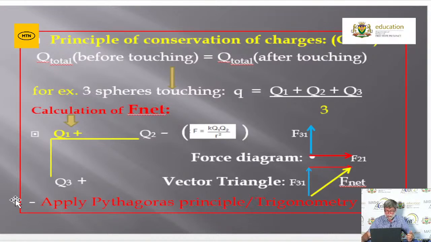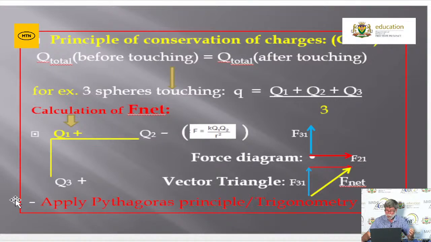If there are 3 spheres before the time, firstly you add the charge of the 3 spheres. Then you touch. So if you then remove them from each other, then you must divide it by 3, because there are 3 charges now, each with their own charge, and you divide the sum of charges by 3.